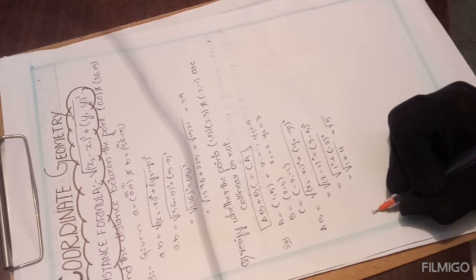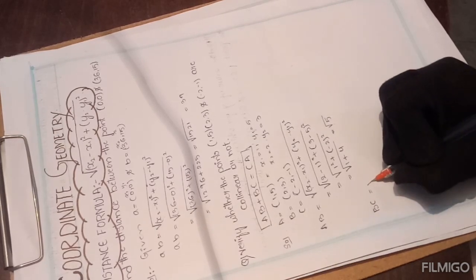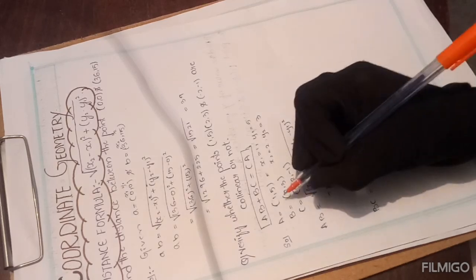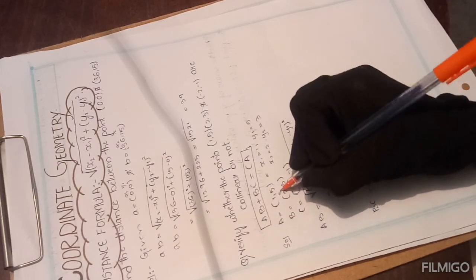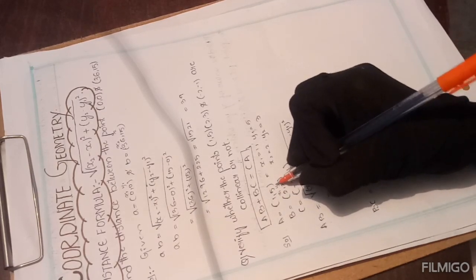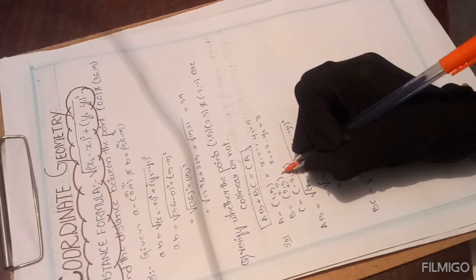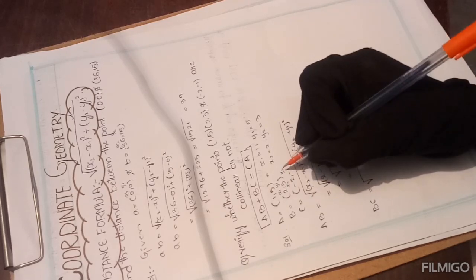Now we find the distance between BC. If we want to find the distance between BC, then consider 2 as x1 and 3 as y1, minus 2 as x2 and minus 1 as y2.